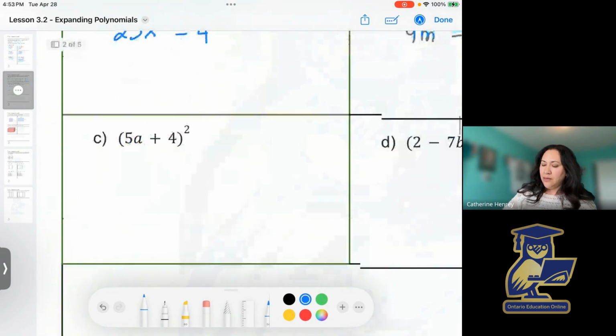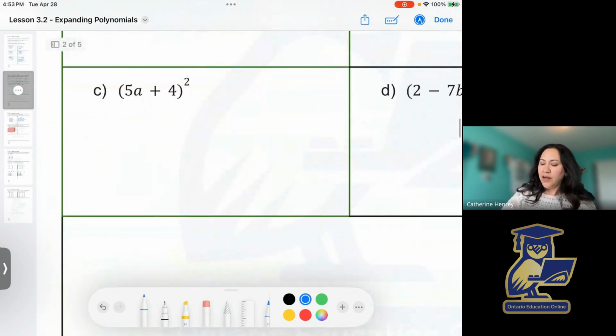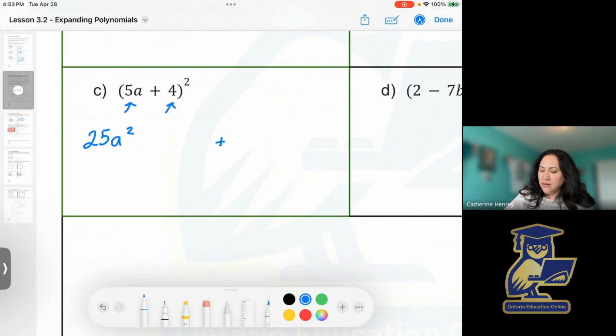All right, now we take a look at 5a plus 4 squared. Remember, there's a pattern here where we would square the first term, square the second term, and then we have to make up the term in the middle. So I'm going to write that out for you. We have 25a squared. We don't know what we're going to put in the middle, but 4 times 4, that's going to be 16.